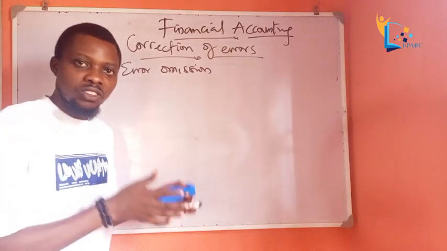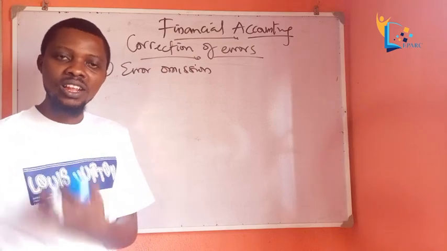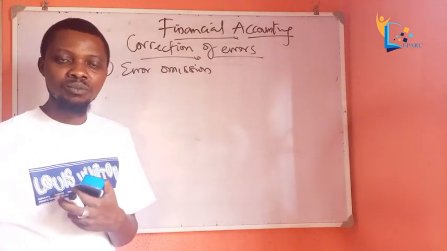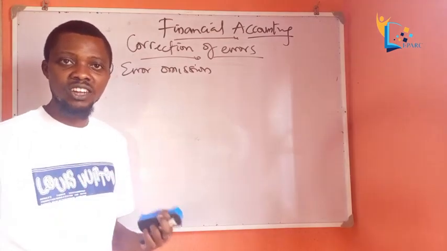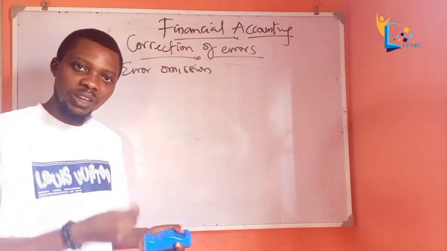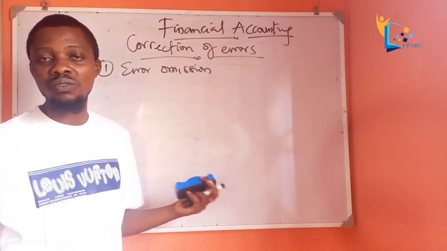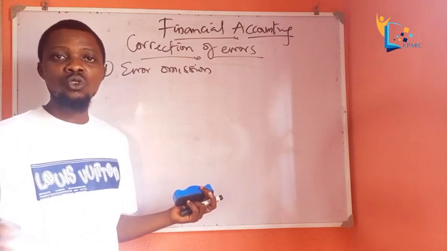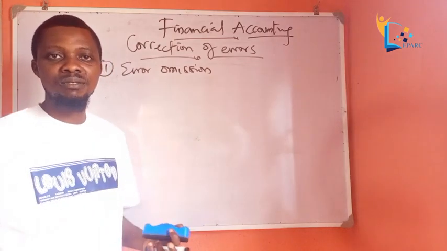We move transactions from source documents to subsidiary books, from subsidiary books to ledgers and all that. So the source document is the originating source of transactions. When you can't find a source document for a transaction, you can't enter that transaction in the rest of the books. So this error of omission may arise when the source document has been misplaced.